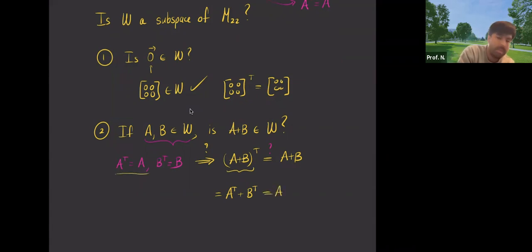It's A. And what's B transpose? B. So yes, A plus B transpose equals A plus B, so A plus B is in W. Do you guys see what's going on?